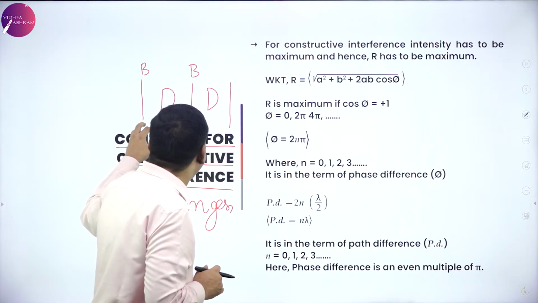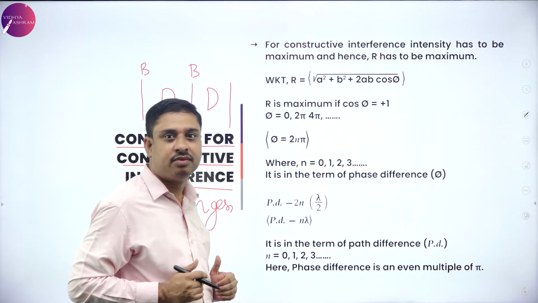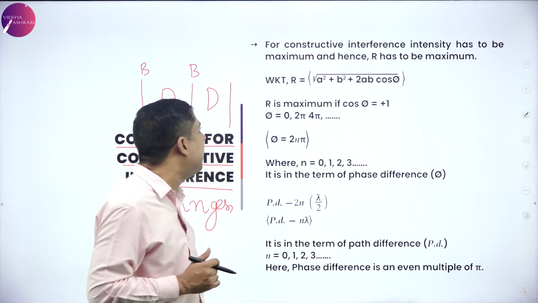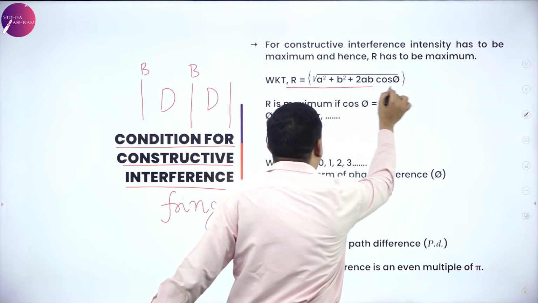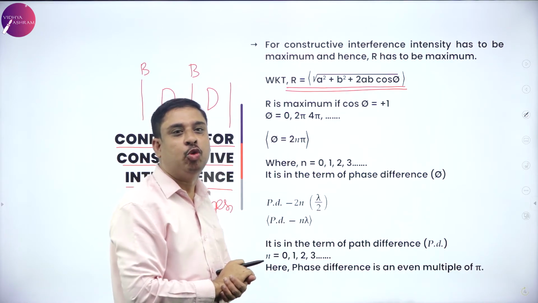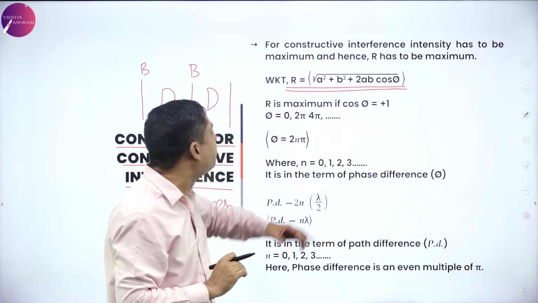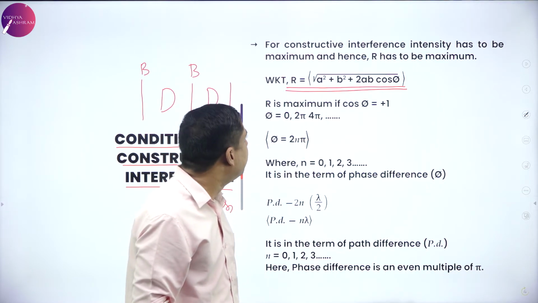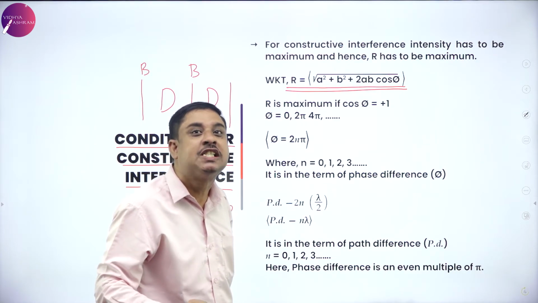So now, what is the condition for a bright fringe to be formed? What is the condition under which we have constructive interference? Now, we derived the resultant amplitude, and it is of the form root A square plus B square plus 2AB cos phi.